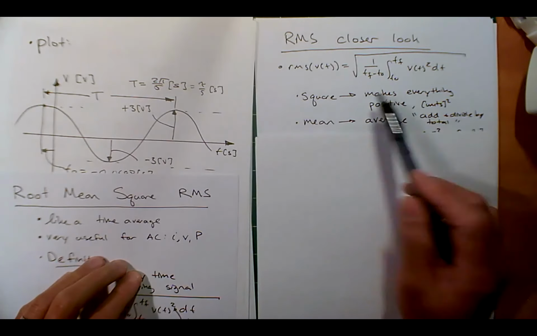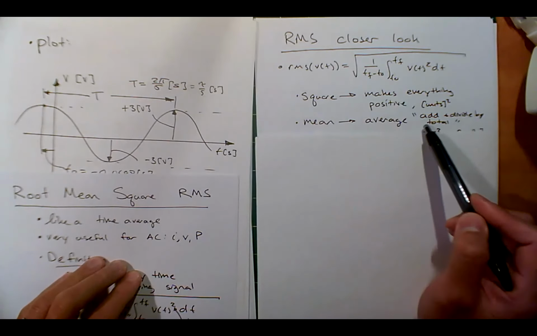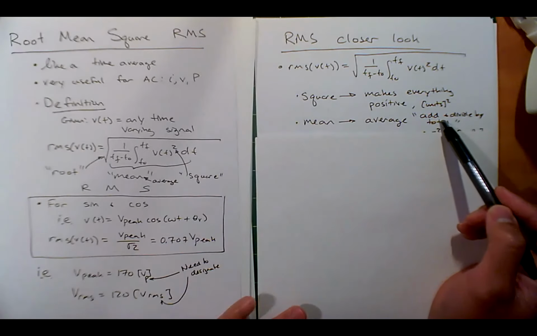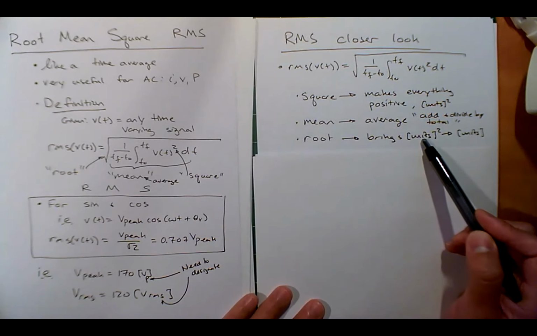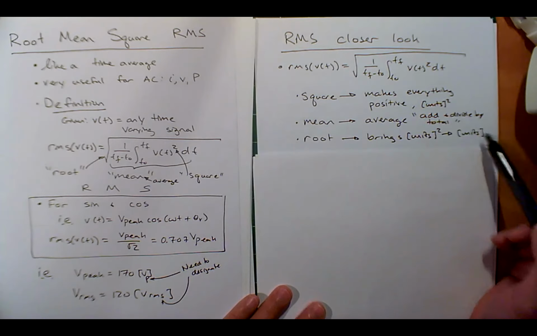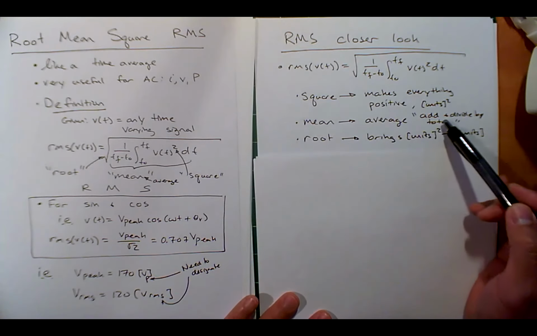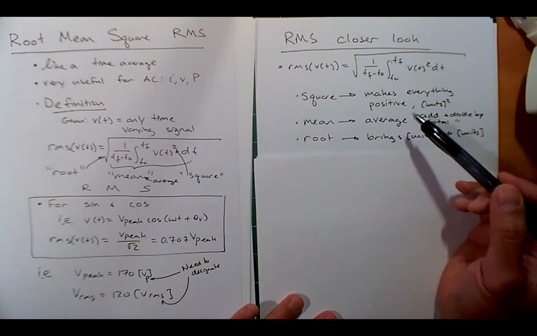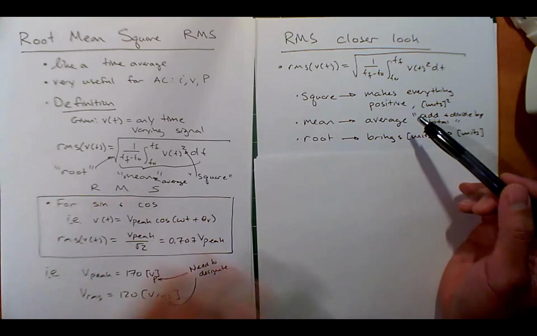But if you average the square, you get a non-zero number, and it depends on the peak. Then if you take the square root, you get the units back. That's the motivation for the root mean square. I hope you didn't fast forward.